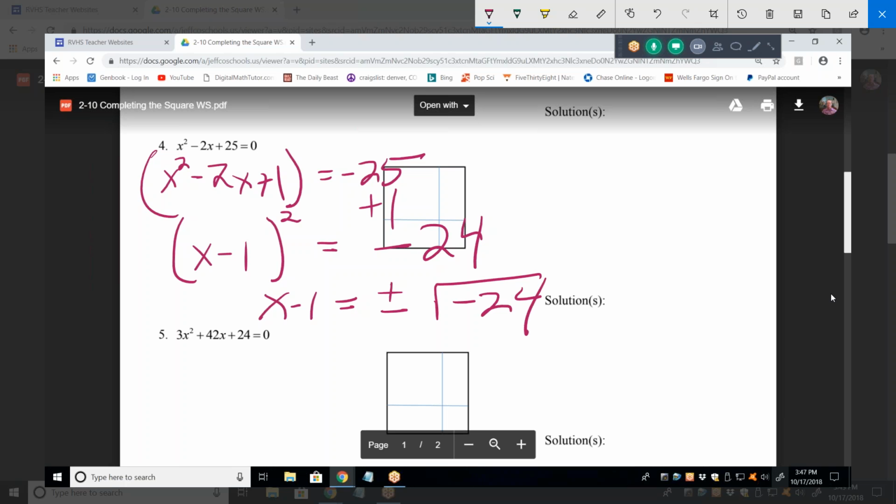Perfect. Now move the 1 over so that we have it in terms of x. In other words, so far we've just solved for x minus 1. We're supposed to solve for x.